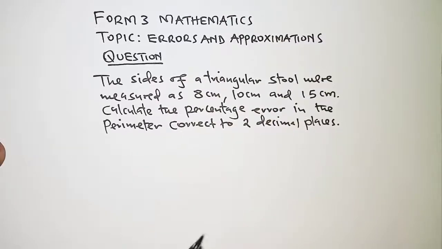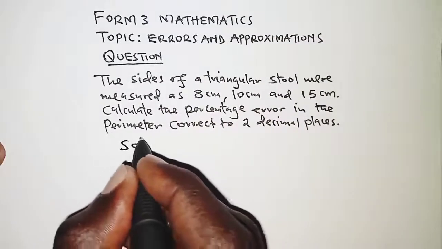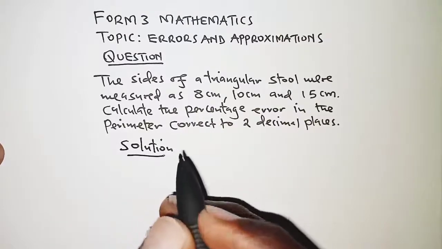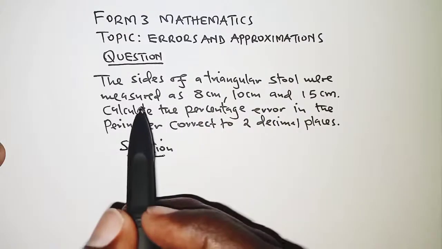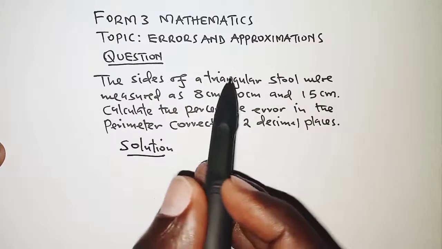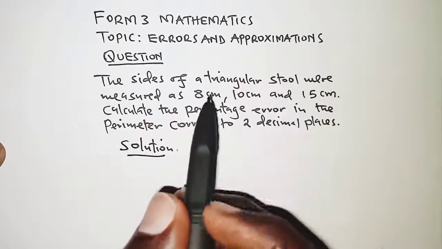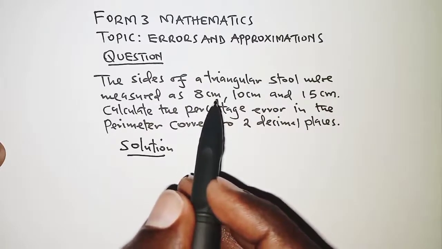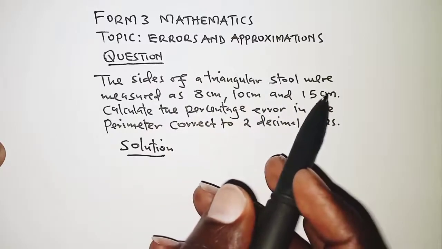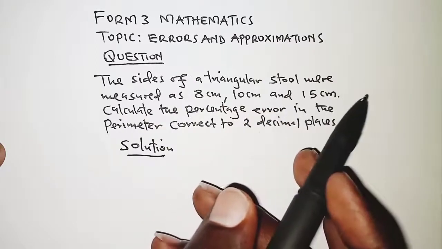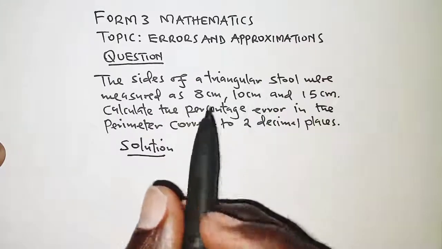So, the first thing we need to take note of here is that the measurements, that is the dimensions of the stool, were 8 centimeters, 10 centimeters, 15 centimeters, and these are measurements to the nearest whole number.